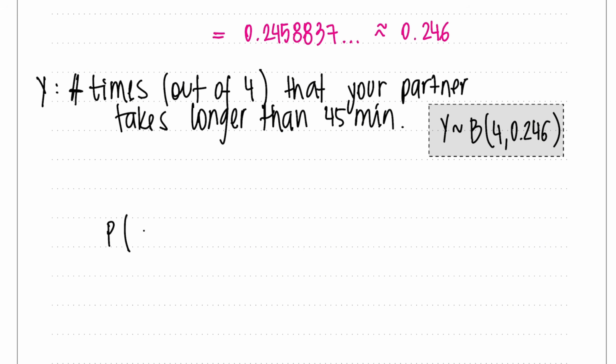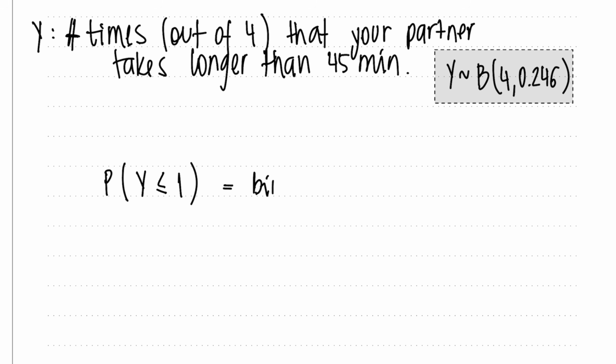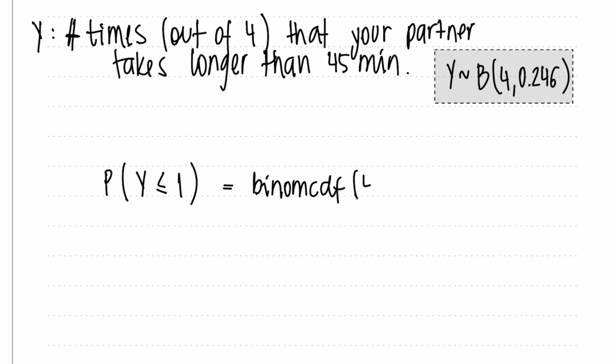Now, we want the number of times out of 4 that our partner takes longer than 45 minutes to get ready to be less than or equal to 1. So at most once. So we're going to do a binom CDF, which is the one that accumulates from 0 to 1, meaning 0 successes and 1 success, where the number of trials is equal to 4.